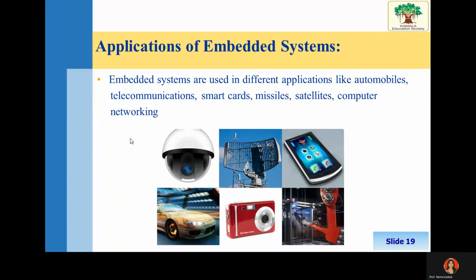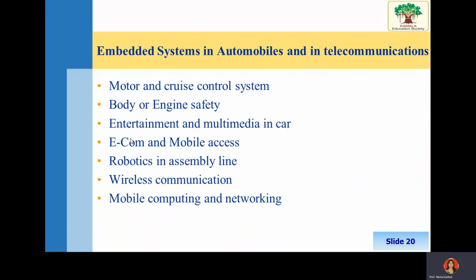Embedded systems used in automobiles and telecommunication include motor and cruise control systems, body or engine safety, entertainment and multimedia in a car, e-commerce and mobile access, robotics in assembly lines, wireless communication, and lastly mobile computing and networking.